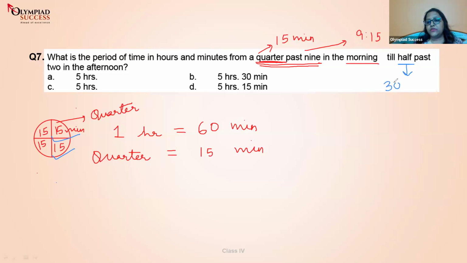And past what time are they telling you? Past 2 o'clock. That means what will be the timing? 2:30. Correct? Right. 2:30 means after 2, it is 30 more minutes. So this time will be 2:30. And this is the afternoon time, so this has to be PM. Right?